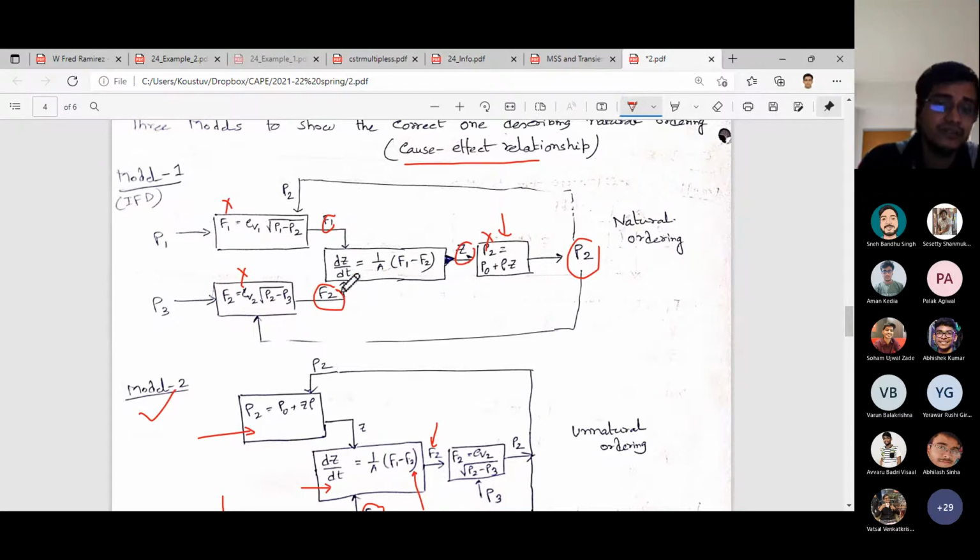But here you can see F1 and F2 are also being calculated by the pressure differentials. Now in the pressure differential block, that means we now have two more equations that characterize F1 and F2. So they are coming from some other equations. So the output of this block is acting as an input to this block.